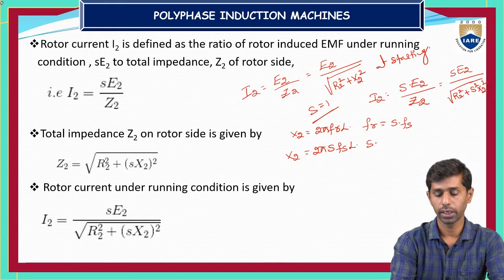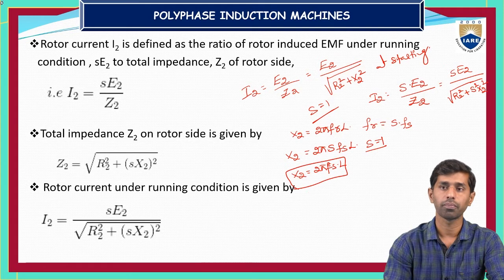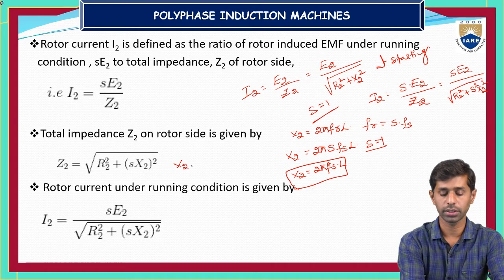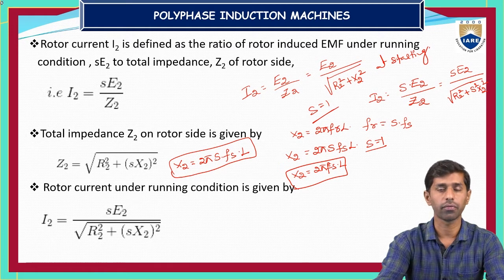When slip becomes 1 at starting, X2 equals 2 pi Fs L under starting condition. But at running condition, the inductive reactance X2 equals 2 pi s Fs L.